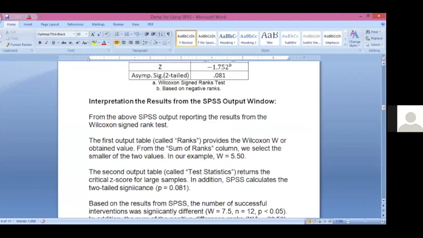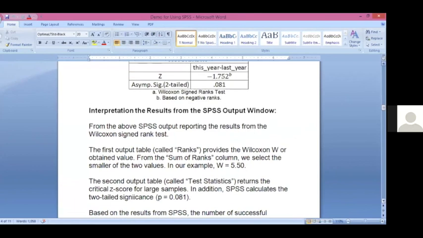We select the smaller of the two values. This is 5.5, the smaller of the sum of the positive and negative ranks, so this is the minimum value. You can see the output here.